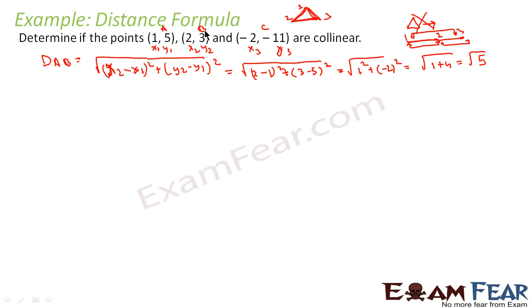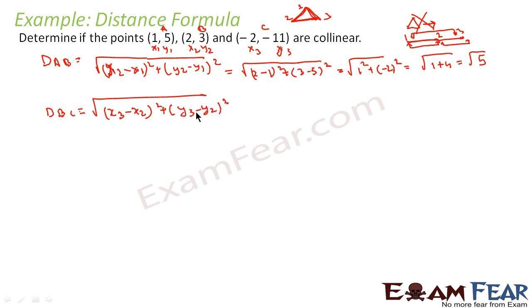Let's find the distance between points B and C. This is nothing but root over (x3 minus x2) square plus (y3 minus y2) square.